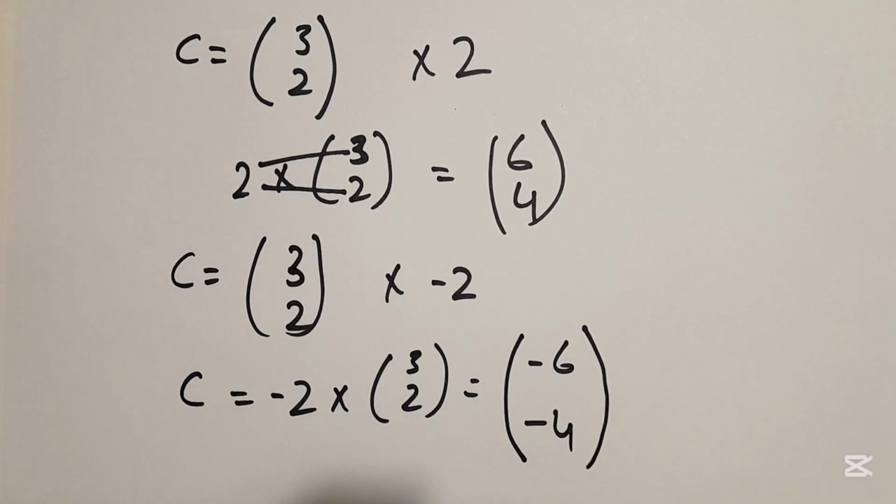The direction of the line is flipped to the opposite direction, and it will be double the length compared to the original length of the line. So that's all about scalar multiplication, and it stretches or shrinks the vector while keeping it on the same line, either in the same direction or the opposite one.